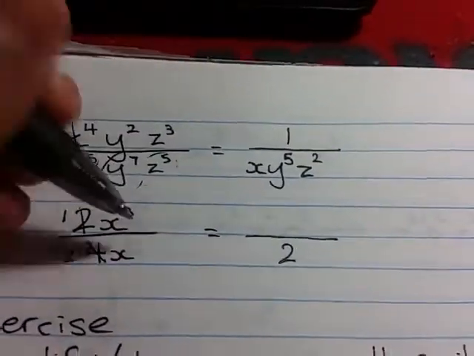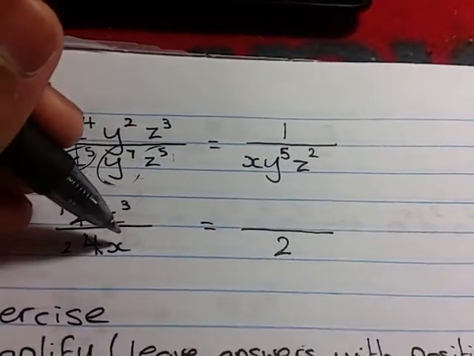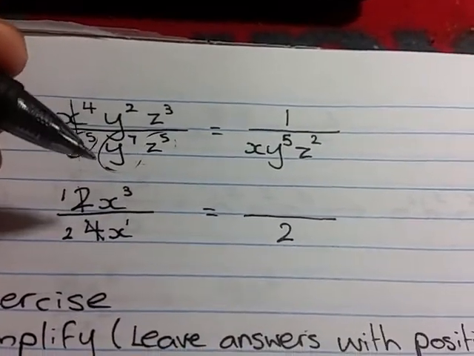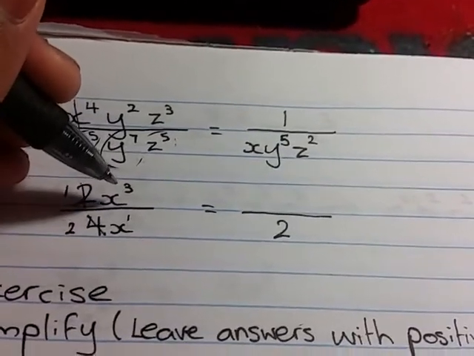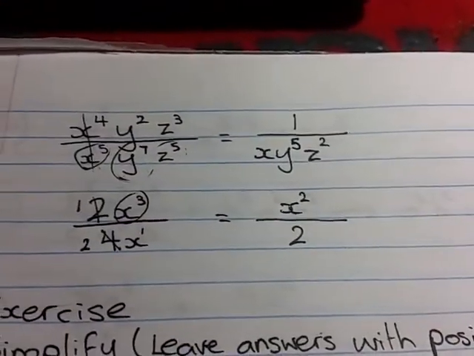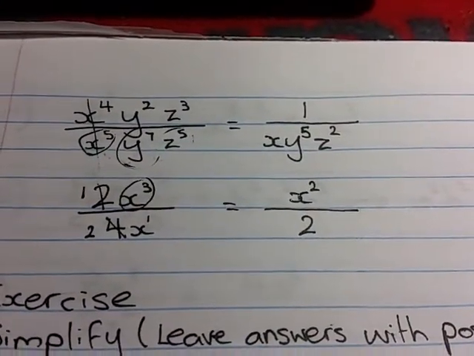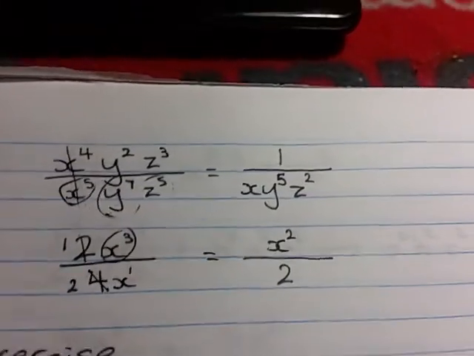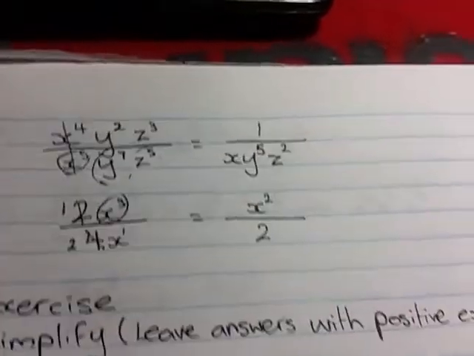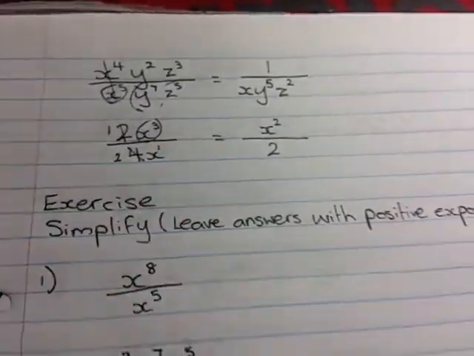So you know you're going to have a 2 at the bottom. And then you have x to the 3 over x to the 1. 3 minus 1, x to the 2. Where is it bigger? It's bigger at the top this time. So therefore, your x to the 2 will end up on the top, giving you a final answer of x squared, or x to the 2, over 2. And that there is a little tutorial on division of powers.